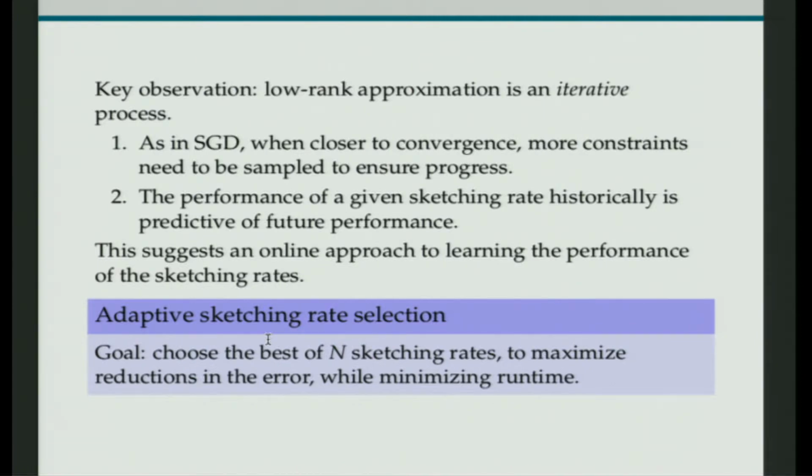This allows the user to specify a range of sketching rates. Rather than having to magically choose the best sketching rate, they can select n sketching rates that they think will work well over the course of the optimization, and we will track the optimal choice.